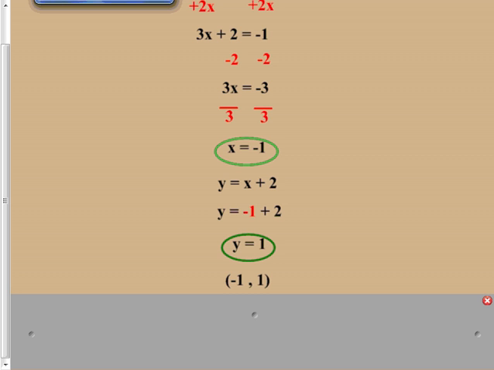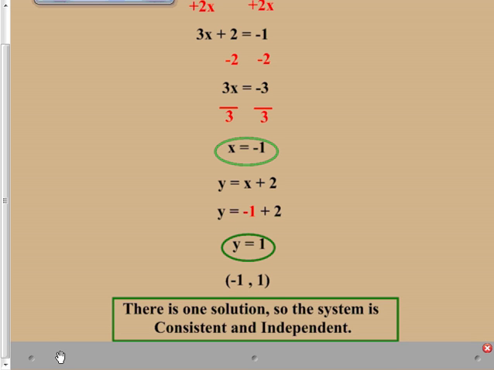Now, did we determine if it was going to graph the same line twice, or was it going to be two different lines? Clearly, it was going to be two different lines. So what category does that put the system into, having two different graphs? That makes it independent. So one solution, and different graphs, so the system would be consistent and independent.